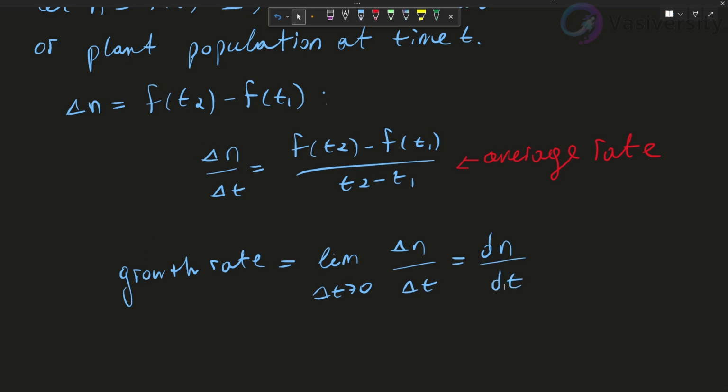So essentially, this is not very accurate because the population would be a step function whenever a birth or death occurs, so we cannot really differentiate it. But for a large animal or plant population, we can replace it by approximation.